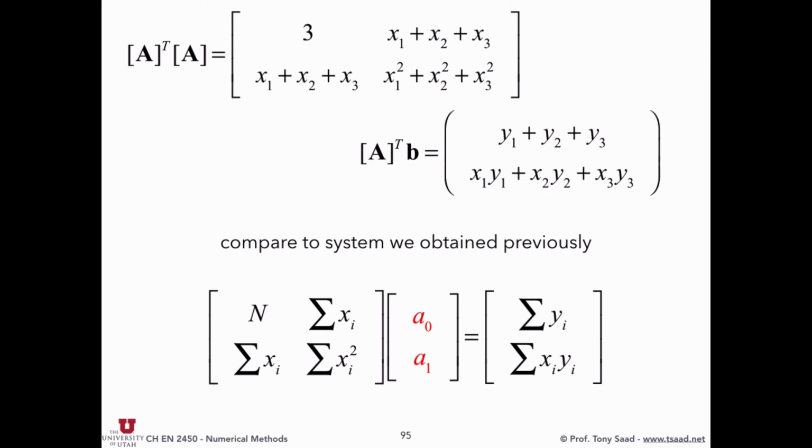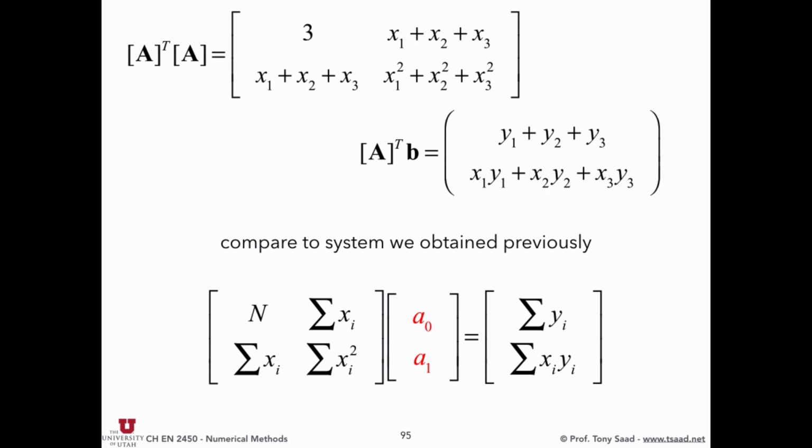And that procedure was: take your model, apply it to each and every observation, form a system of equations. That system of equations is not solvable because we have more equations than unknowns. By definition, that's how we set up to do it. And then form that system of equations, multiply by the transpose, and you'll get this.